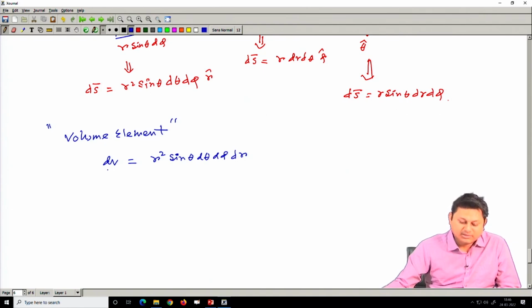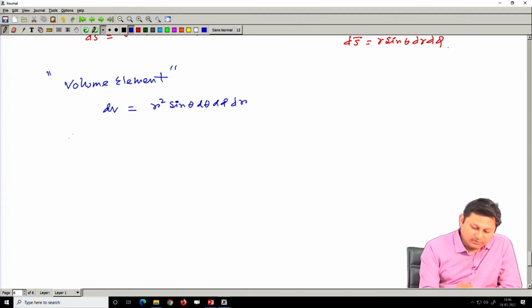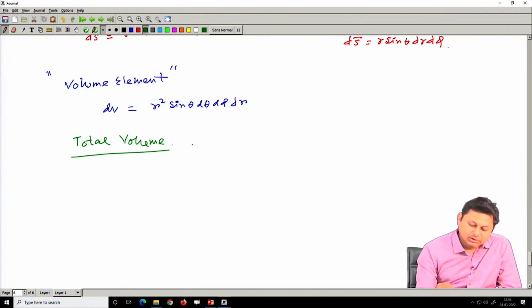Please find out the total volume, because you know the volume element for the Cartesian coordinate system, for the spherical coordinate system, and for the cylindrical coordinate system. For example, for the spherical coordinate system, you know the volume element. Now if I want to find out the total volume, then the total volume V will be the integration of dV, right?